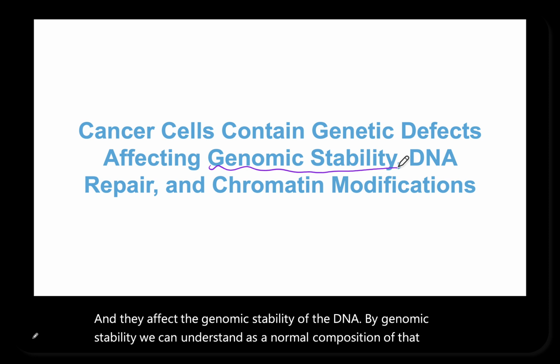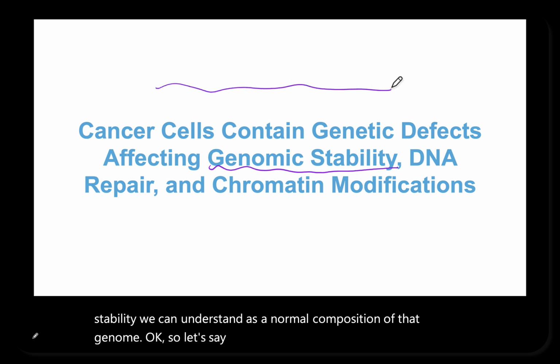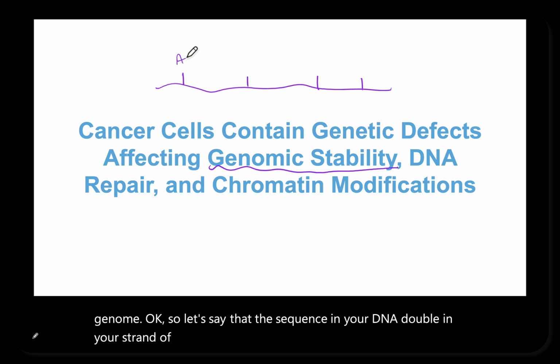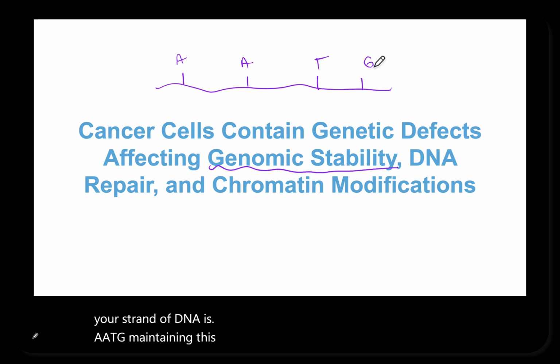Let's say that the sequence in your strand of DNA is AATG. Maintaining this sequence refers to genomic stability.